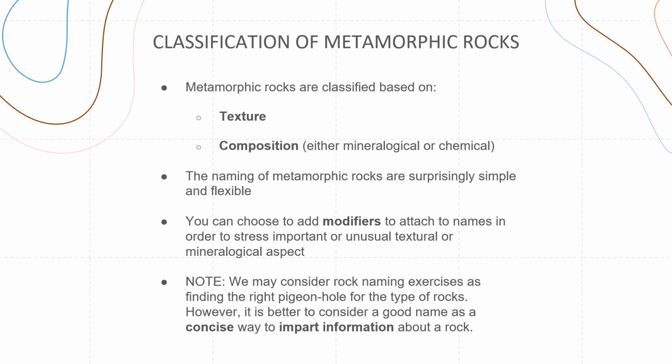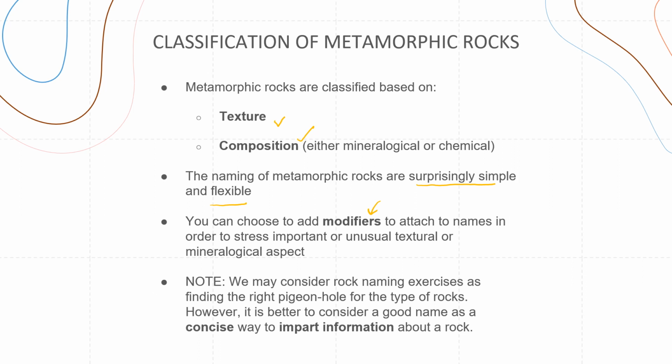Okay, so let's get started on the classification of metamorphic rocks. Metamorphic rocks can be classified based on their texture and their composition. And as you'll find going through this part of the lecture, the naming of metamorphic rocks is actually surprisingly simple and flexible. It's so simple that you can even choose to add modifiers to their names to stress something that's really important or particularly unusual about the rock you're looking at.